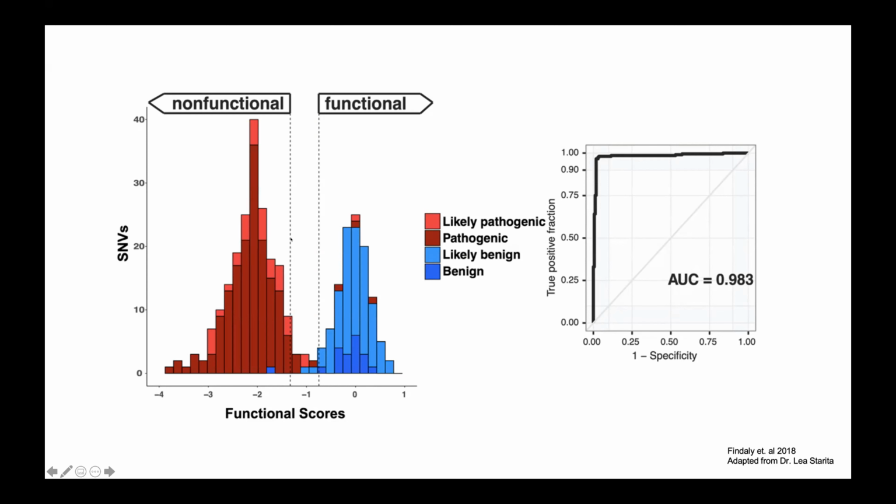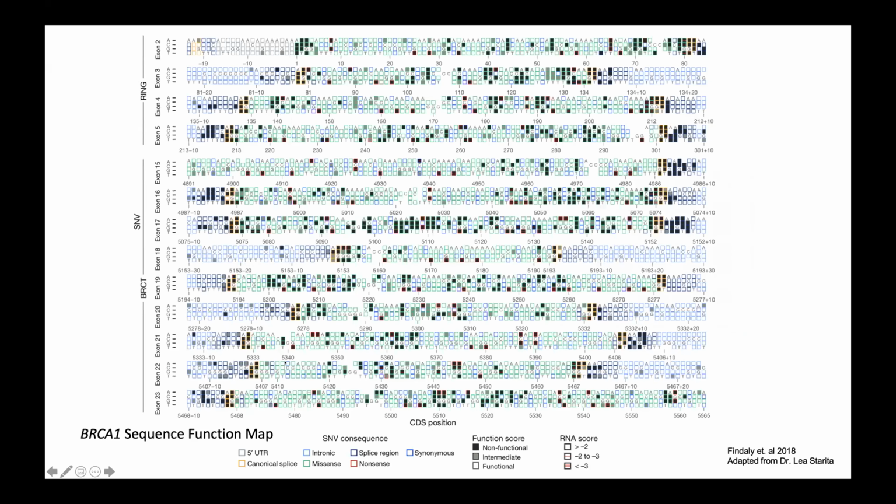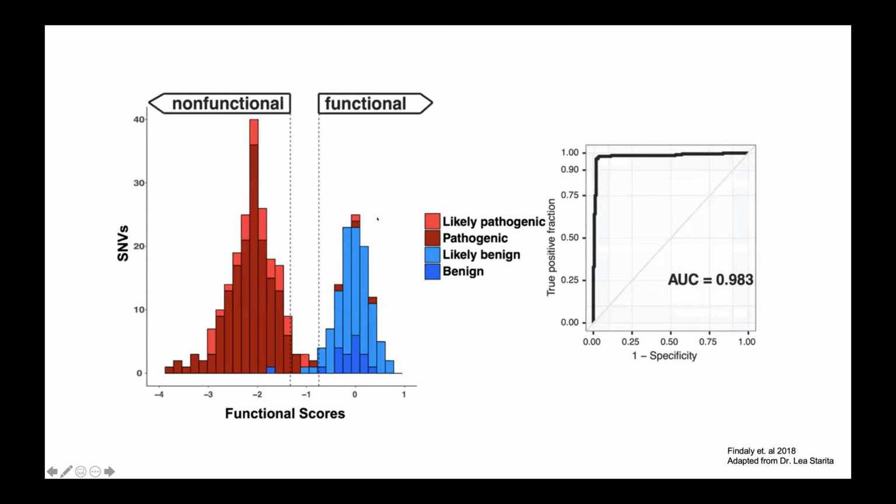And you can see here, the red coloring is likely pathogenic or pathogenic in ClinVar, and the blue coloring is likely benign or benign in ClinVar. There are very few mistakes in the classification of these variants.